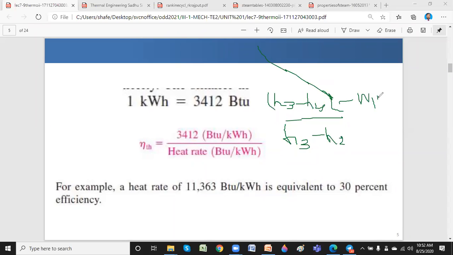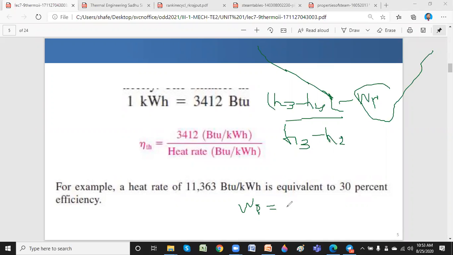So what is the value for pump work? Pump work is given by H2 minus H1.